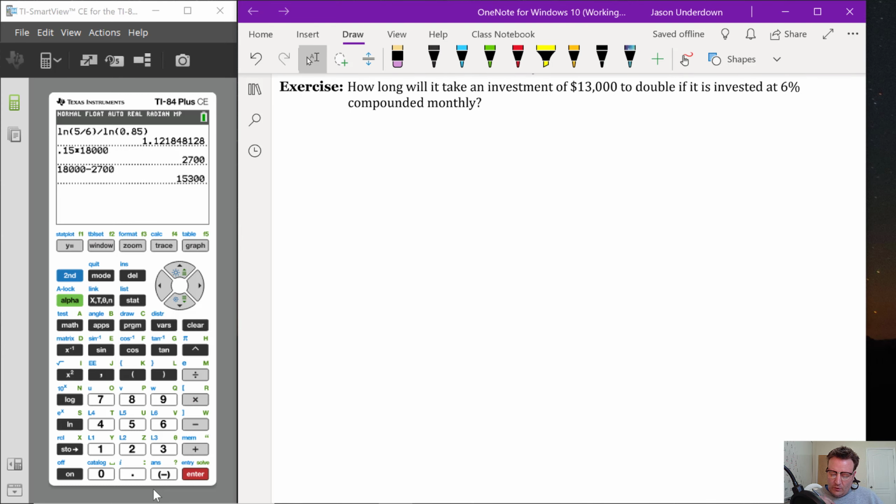How long will it take an investment of $13,000 to double if it is invested at 6% compounded monthly?